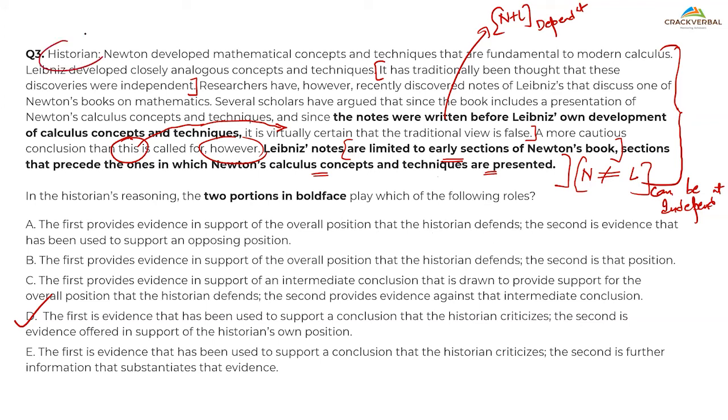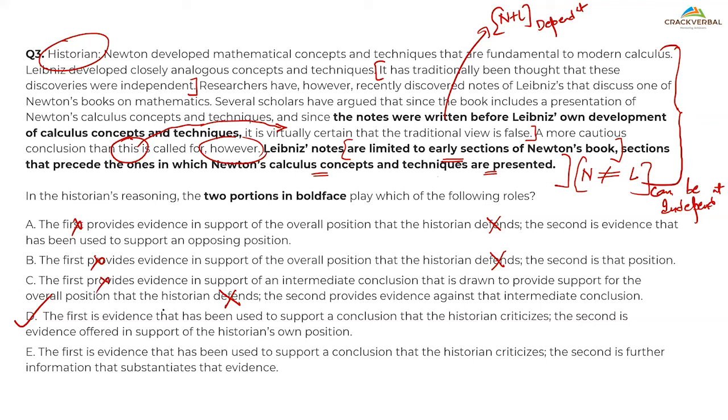Is the historian defending the overall position? Defend is support. That is where my first cross comes in. I am done and dusted. The historian doesn't defend. I have crossed everything. The first evidence is not going in sync with the historian.